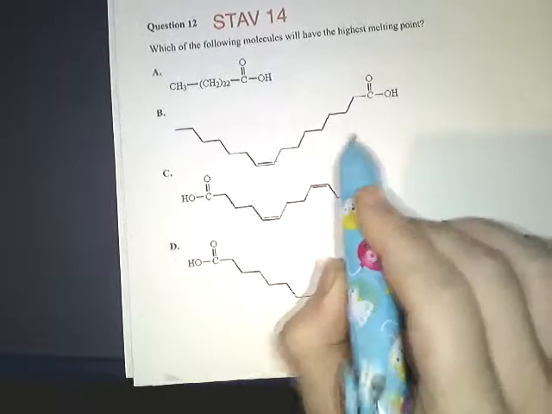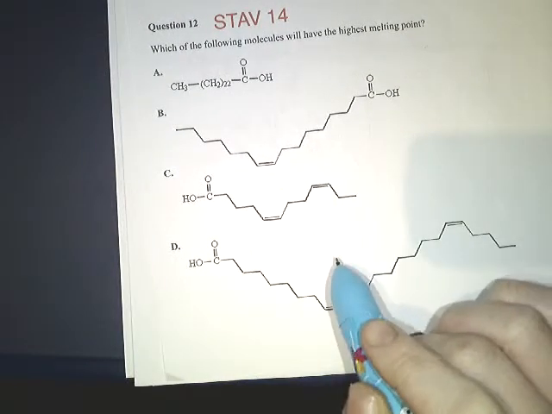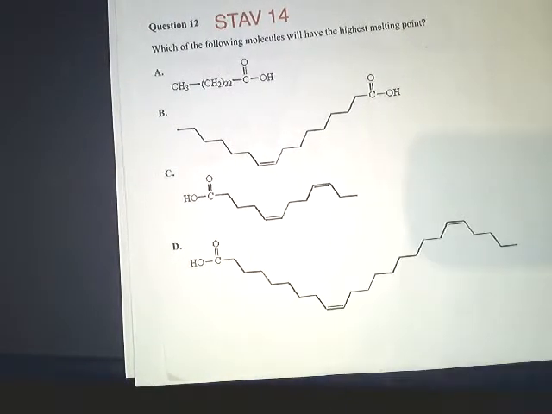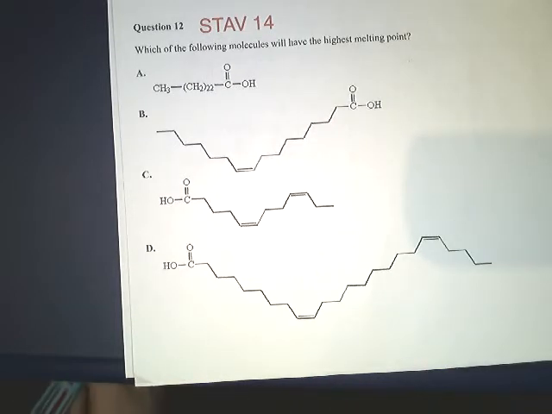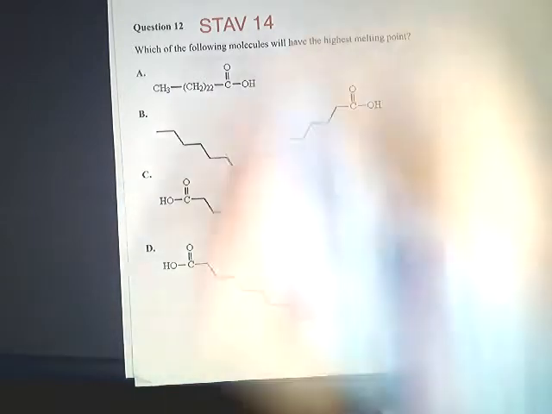This double bond has created a kink in the chain. This one has two double bonds, which has created a greater kink in the chain, and this one also has two. So we've just got to see if this one is saturated or unsaturated, because they haven't given it to us in this perfect arrangement.